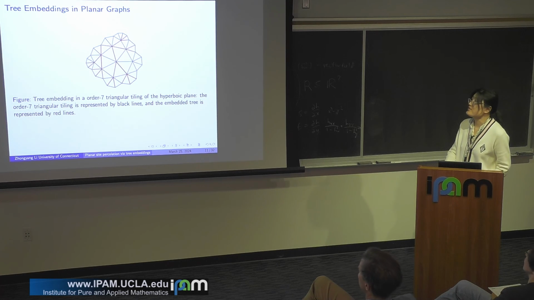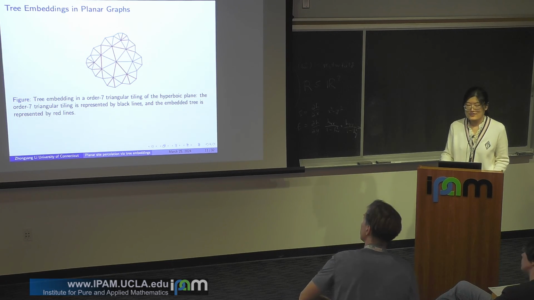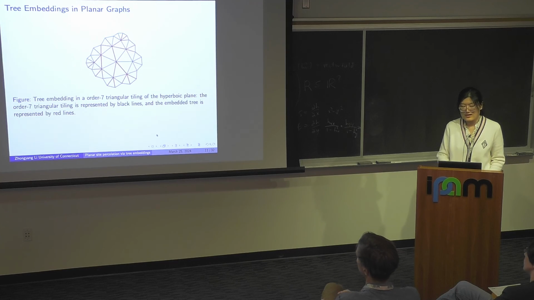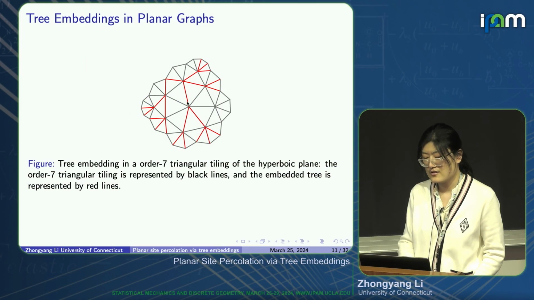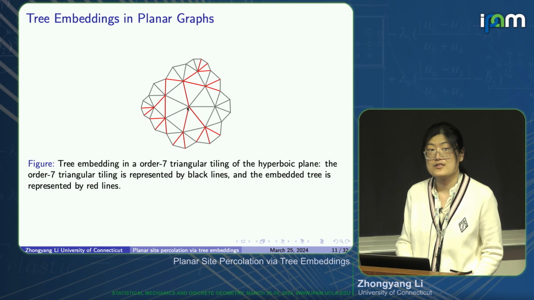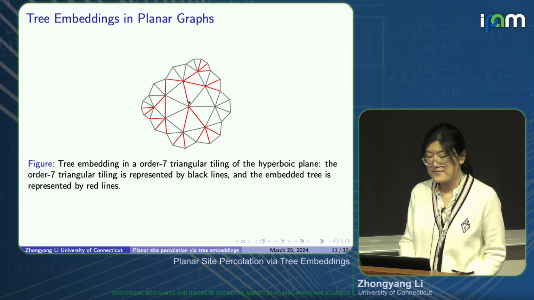Okay, so what we are going to do is construct embedded trees on such graphs. Here is an example of a 7-regular triangulation of the hyperbolic plane. This is a vertex-transitive graph. Here, every vertex has degree 7, and every face is a triangle.